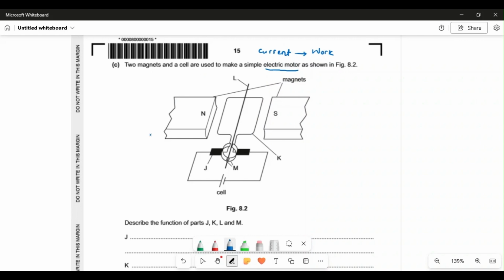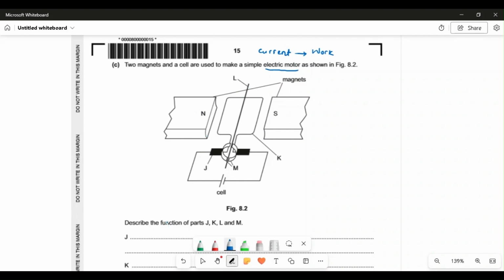Its schematic diagram is shown here. These are two permanent magnets that provide the magnetic field, and there is a cell joined with external wires, and the current passes through the carbon brushes to the split ring commutator, to the rectangular coil and axle, and all of these are the parts.